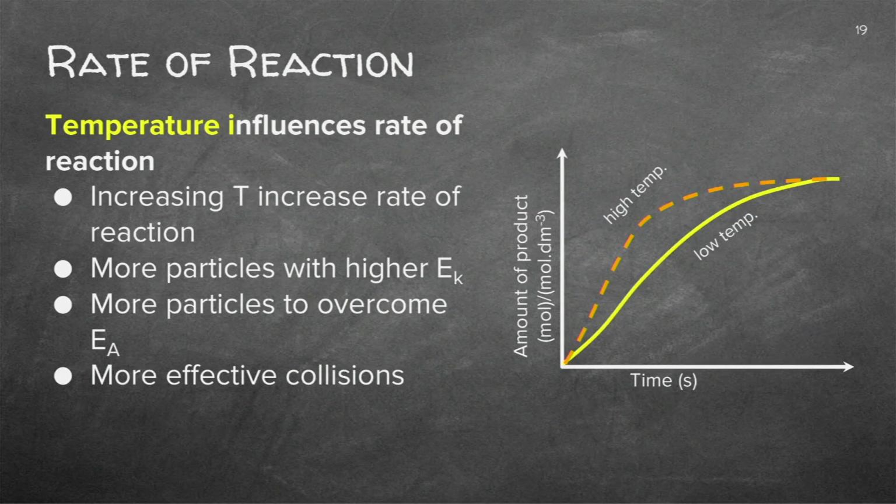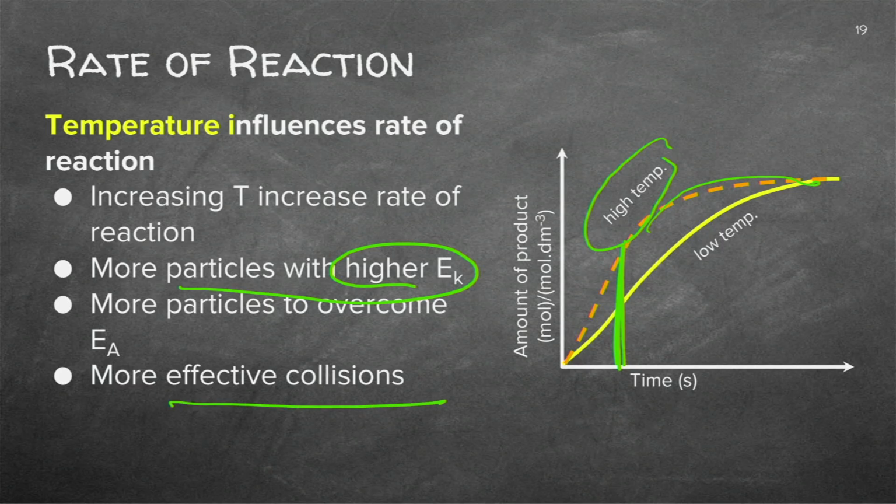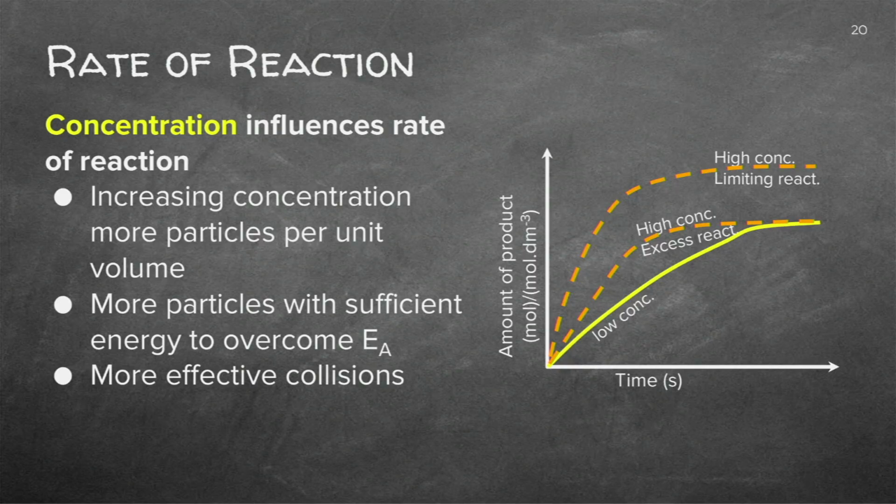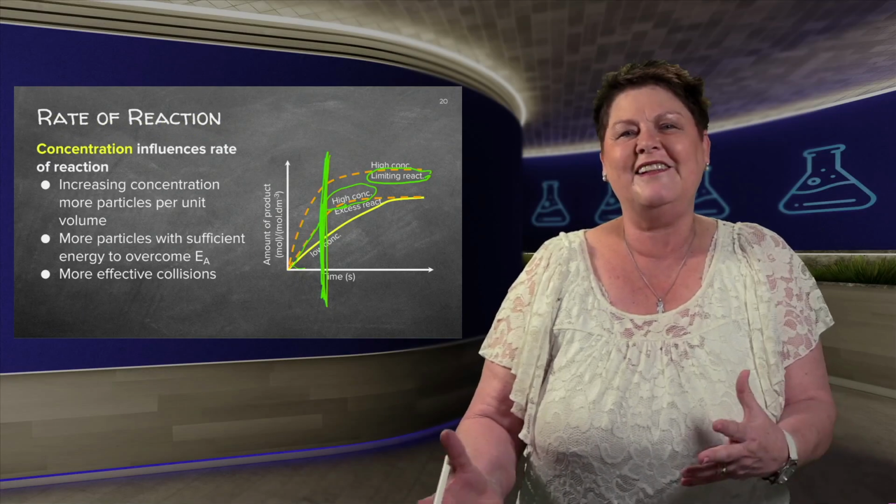The rate we know: higher temperature, more particles faster reaching that point there. So more particles have enough kinetic energy and form effective collisions. Concentration again: if I've got a higher concentration, it will go faster if I take the time there. Obviously, if I've got a limiting reactant, it will be used up much earlier than the other ones.